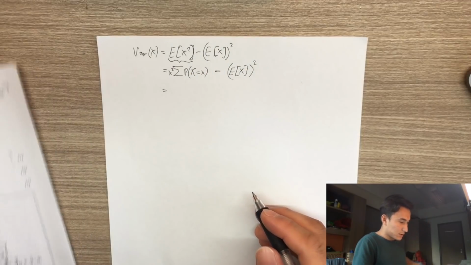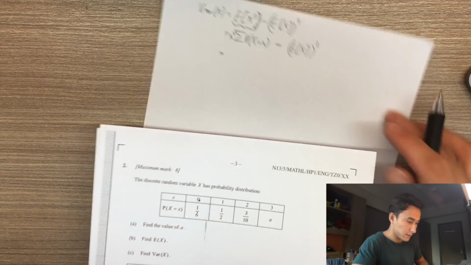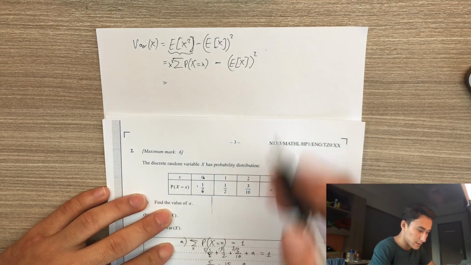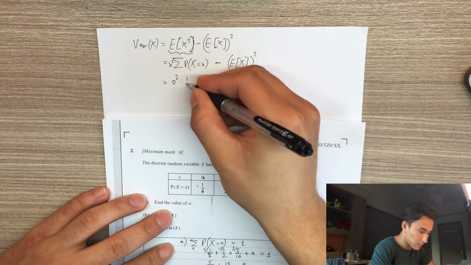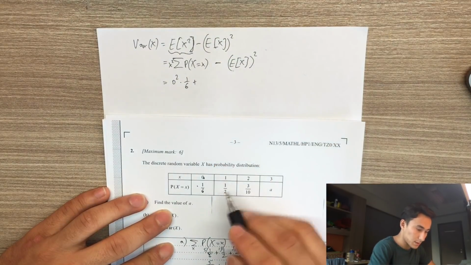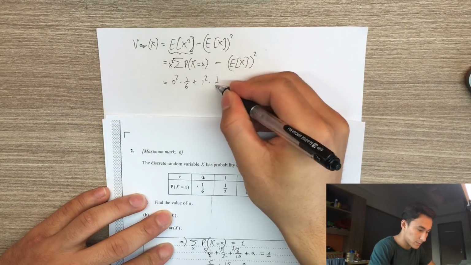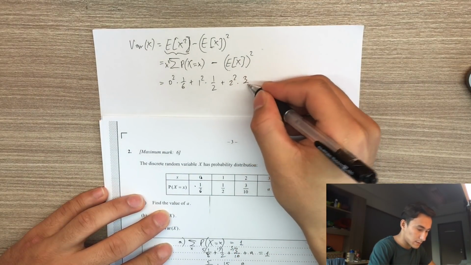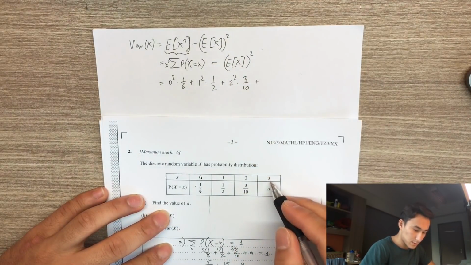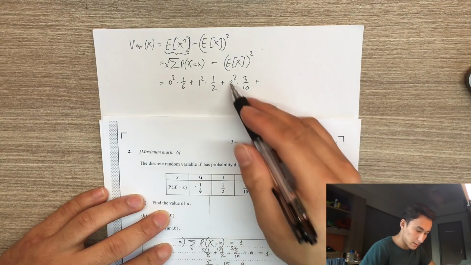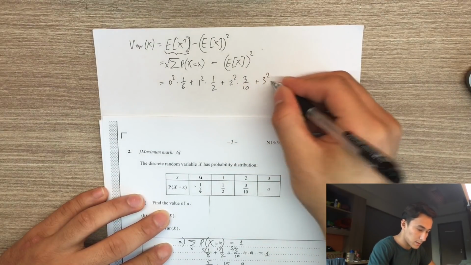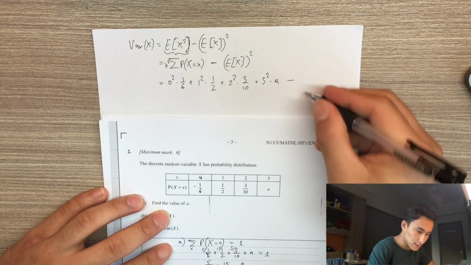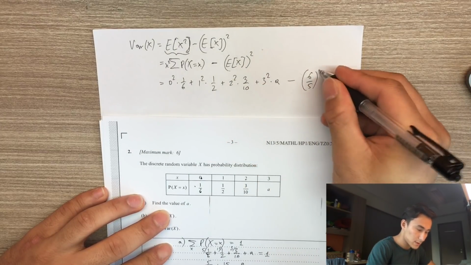From the condition which we have here, we multiply 0 squared by 1/6 plus 1 squared multiplied by 1/2 plus 2 squared multiplied by 3/10 plus 3 squared multiplied by A, and subtract the expected value squared, which is 6 divided by 5 squared.